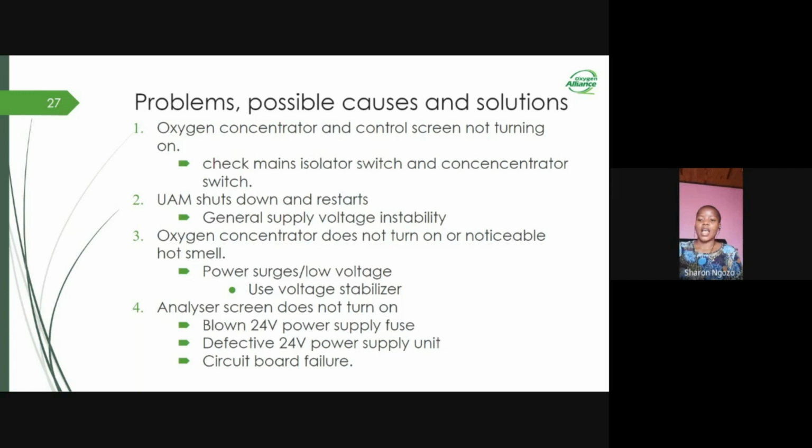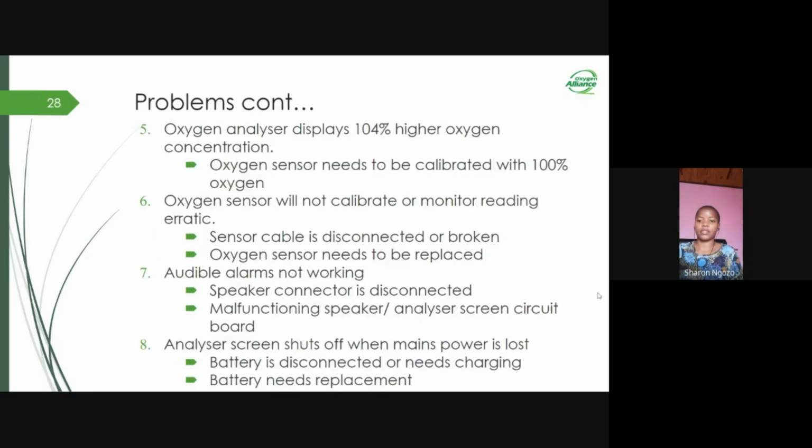Moving forward, the other problem you can encounter might be the oxygen analyzer displaying 104% at higher oxygen concentration. In this type of scenario, the cause might be that the oxygen sensor needs to be calibrated with 100% oxygen. So my friend Foster mentioned calibration.